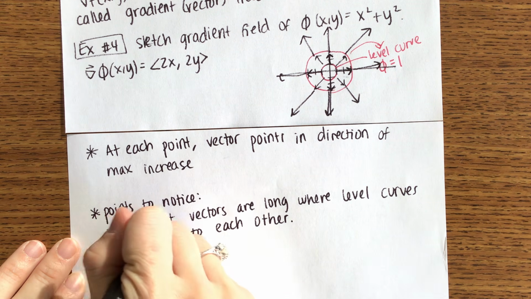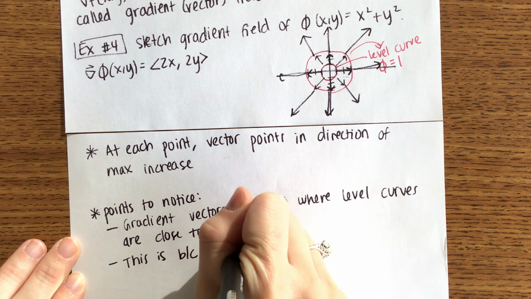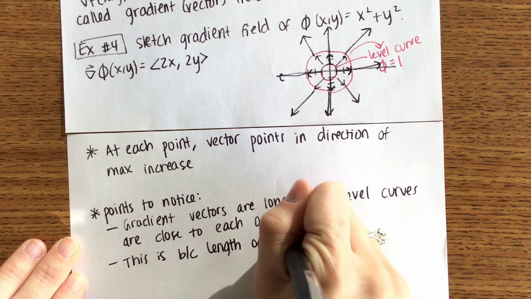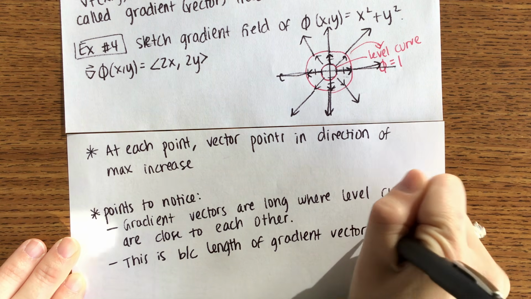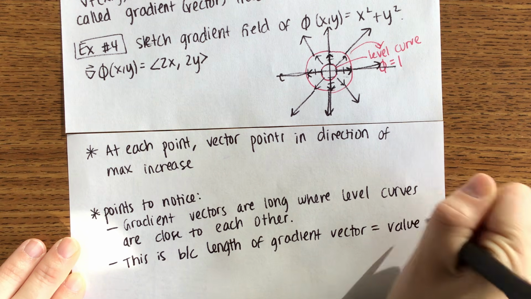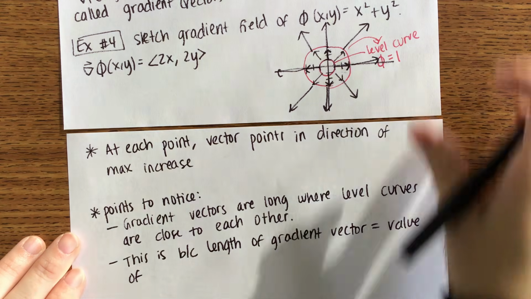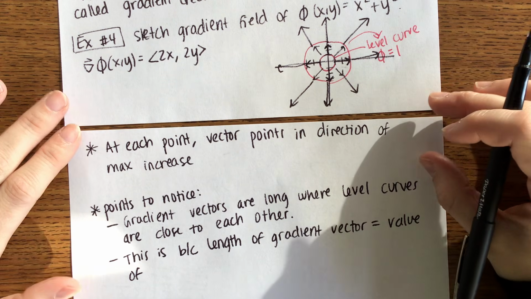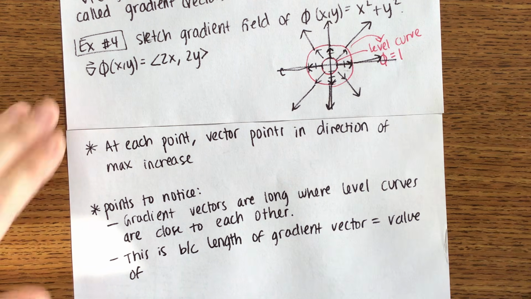There's a reason for that. This is because the length of the gradient vector is equal to the value of what? Length of gradient vector is equal to the value of what? What is the gradient related to?